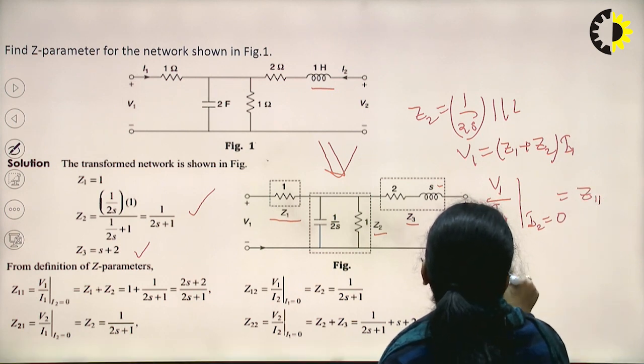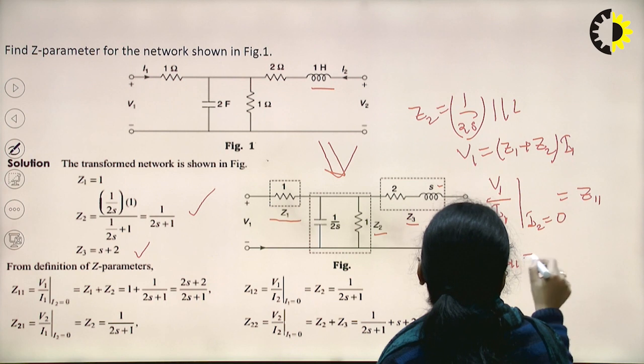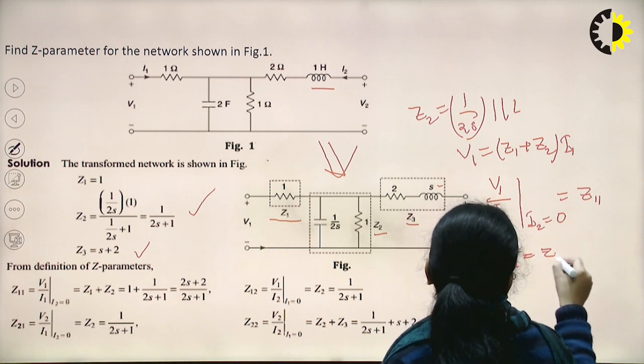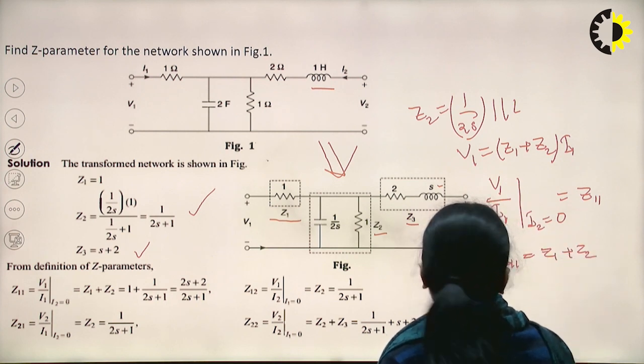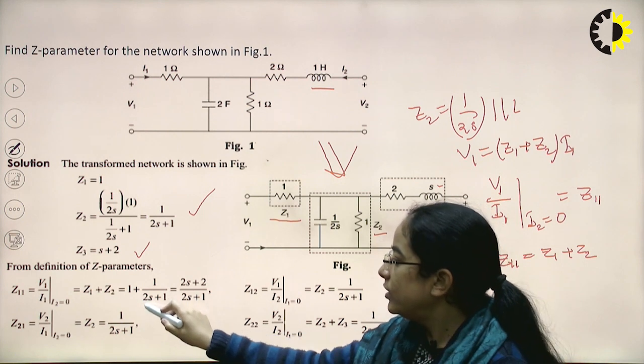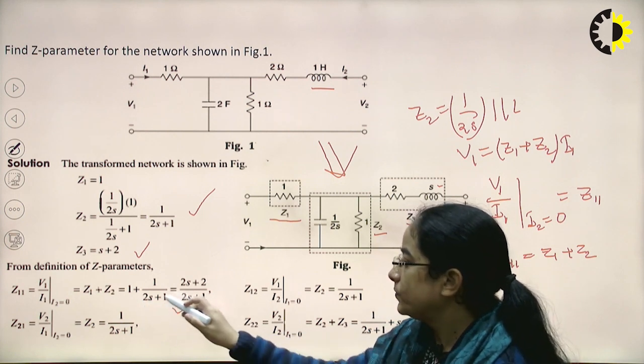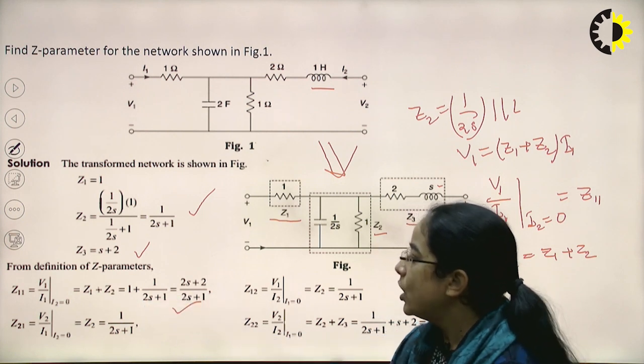This implies that Z11 is Z1 plus Z2 in this case. So we have written here 1 plus 1 by 2S plus 1.